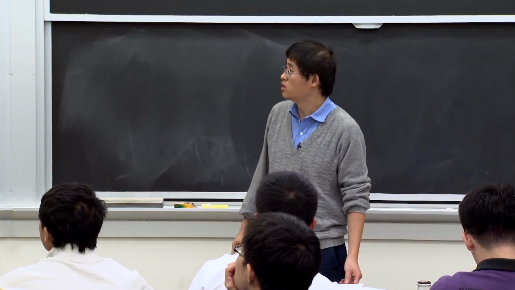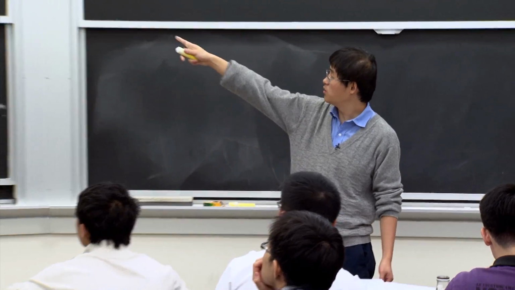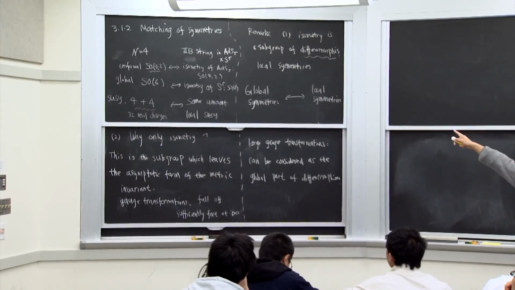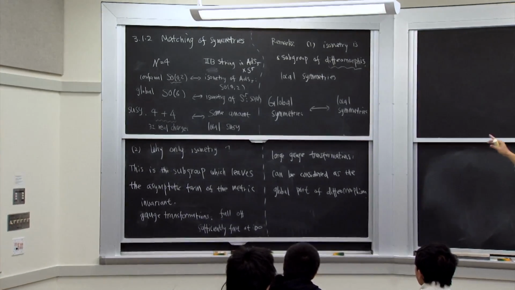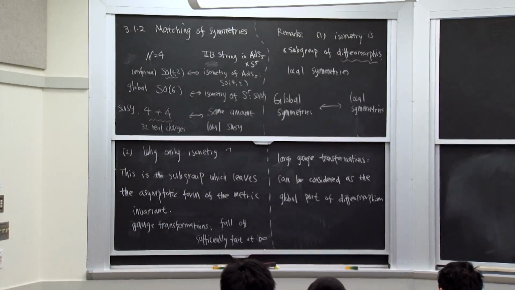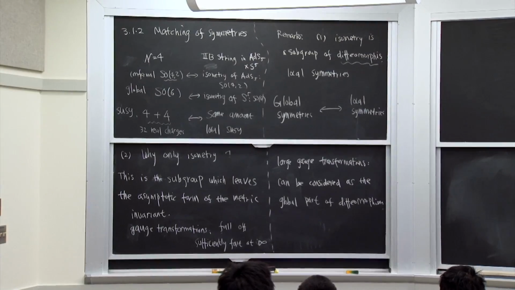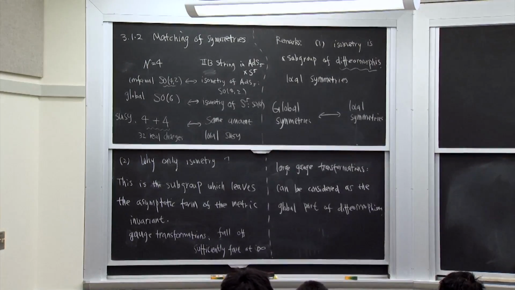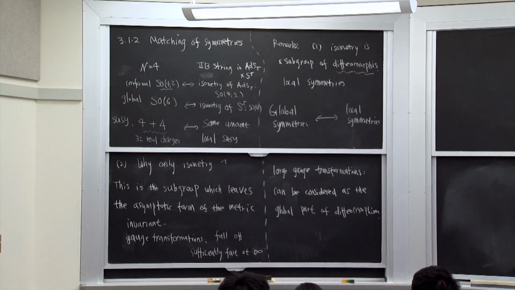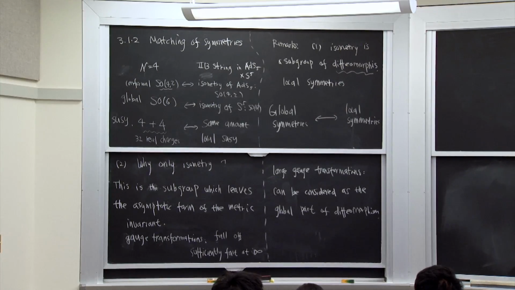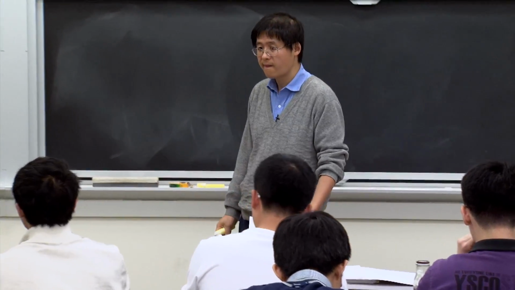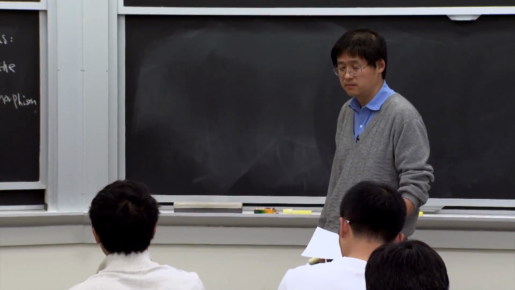Or no, it's a conformal symmetry of Minkowski space. So on this side, you have the isometry of AdS. On the other side, you have the conformal symmetry of Minkowski space. So you're asking what it corresponds to on the field theory side, right? Yeah, so that's mapped to the conformal symmetry of Minkowski space. So the isometry is actually a large gauge transformation. Right.